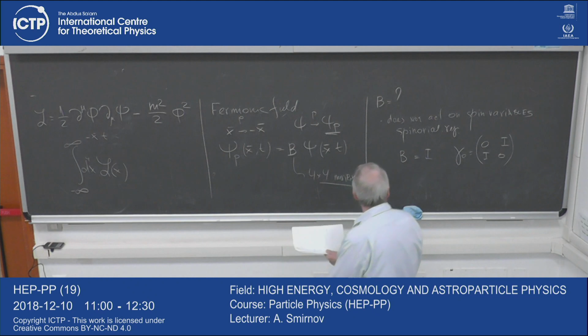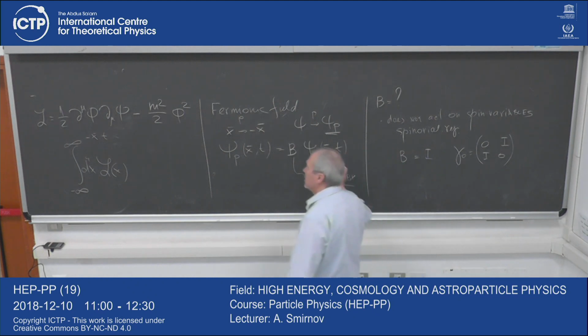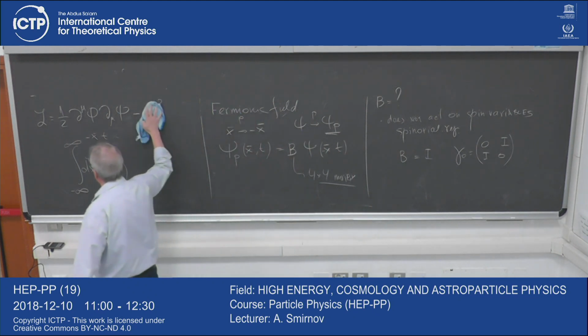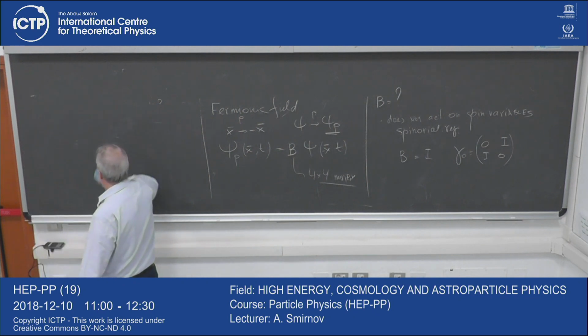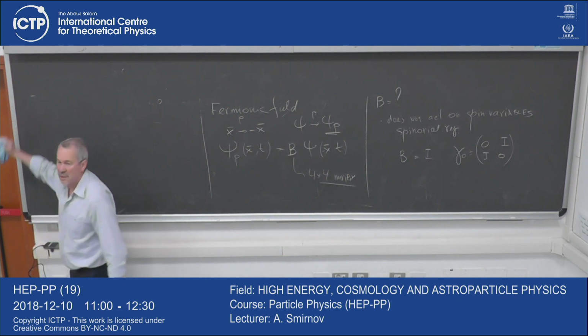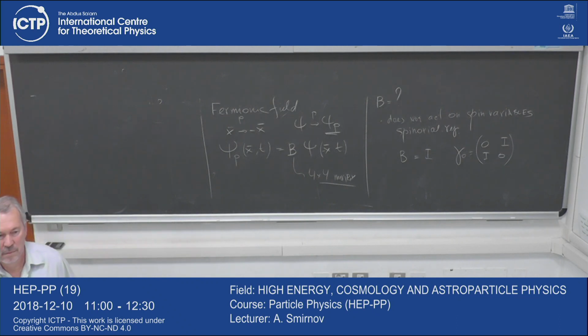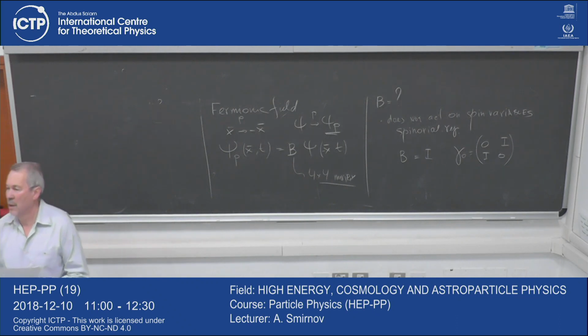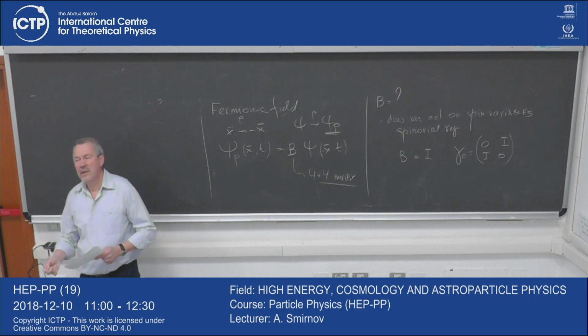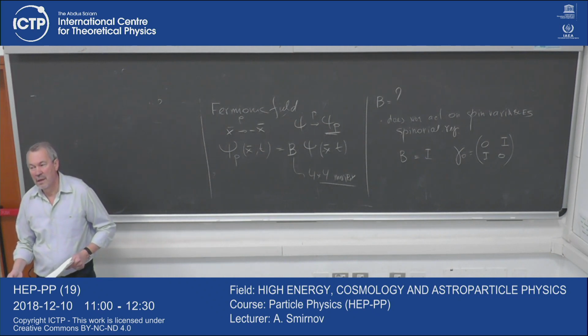Now, how to select between the unit matrix and gamma 0? Tell me, since you already did this. It's the Weyl basis.